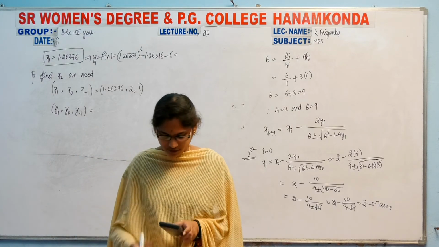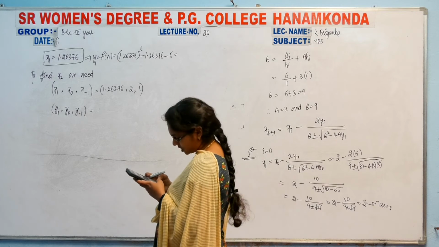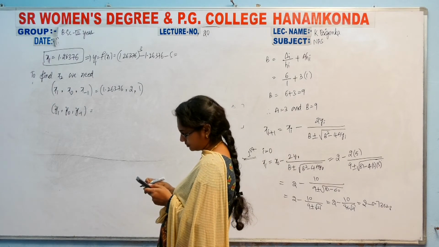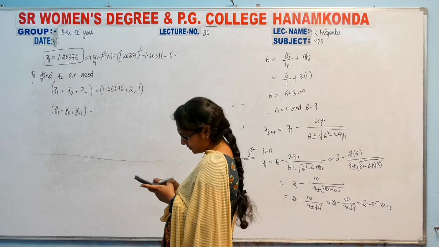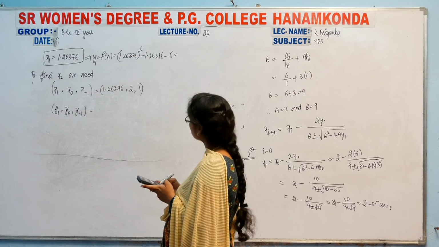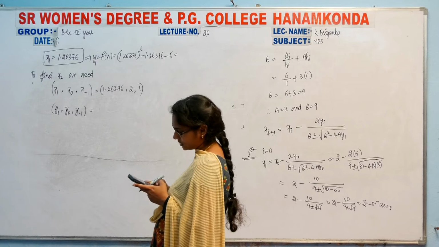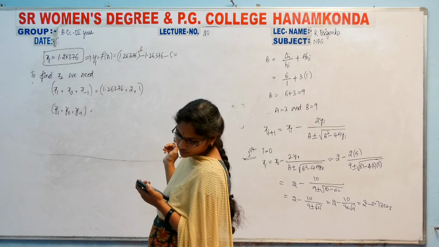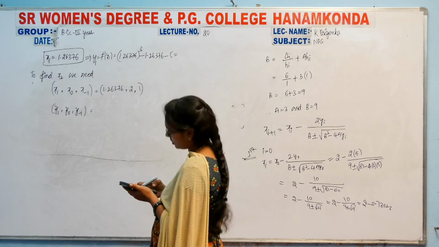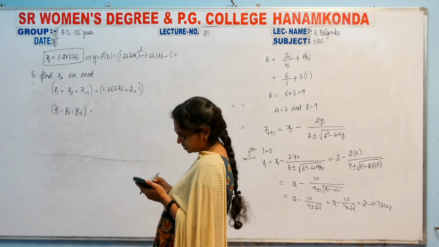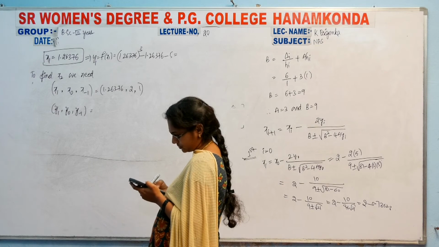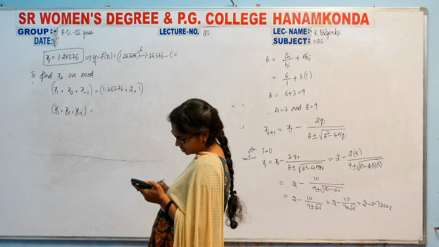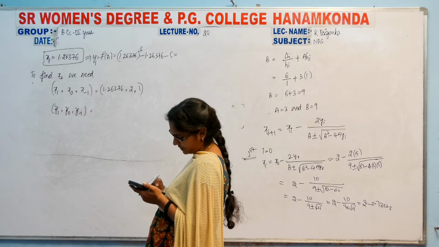You say I cannot hear your voice now. 1.26376 whole cube minus 1.26376 minus 5. We have that it is nothing but minus. So just 1.26376 whole cube minus 1.26376 minus 5.